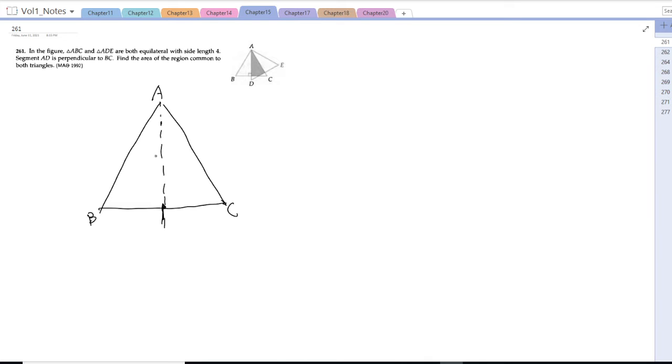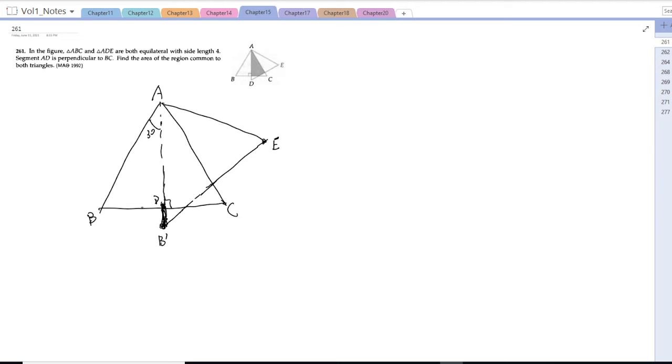With rotating this one by 30 degrees, then B goes to B prime, and this should be like this, and this should be E. So here is the 90 degrees.